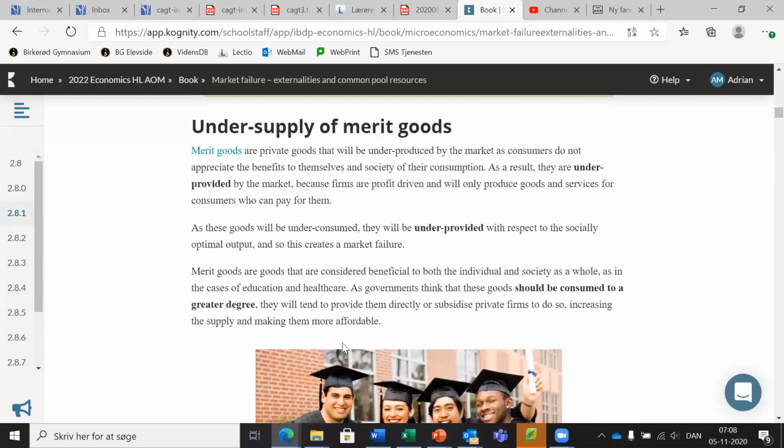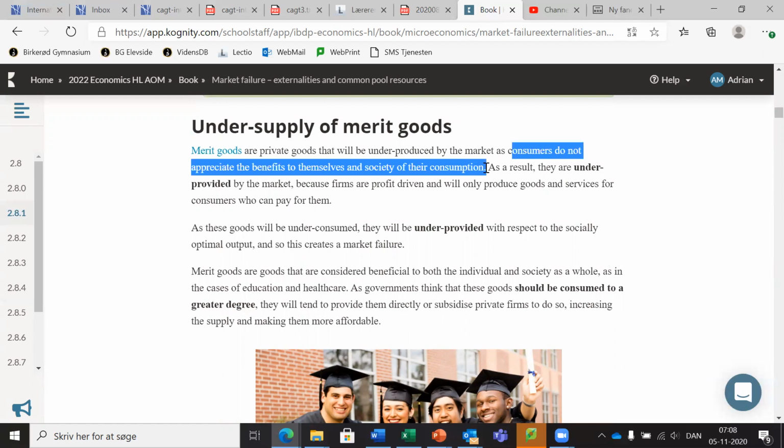First, merit goods. A merit good is something like education. It's underprovided because we as consumers do not appreciate the benefits to ourselves and society. So here it's not just the fact that there's an externality; we don't actually appreciate the benefits to ourselves.